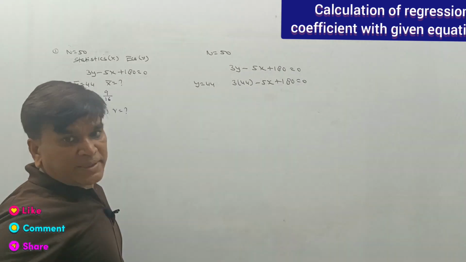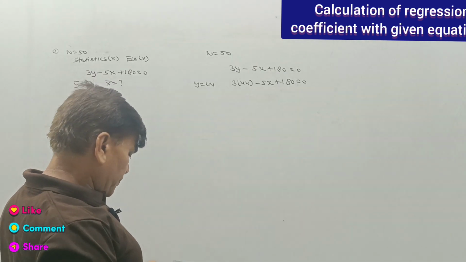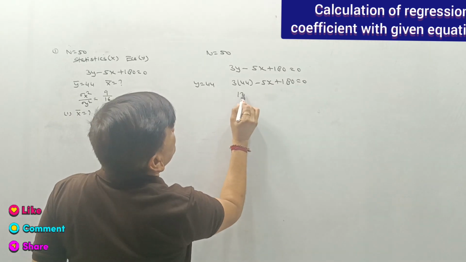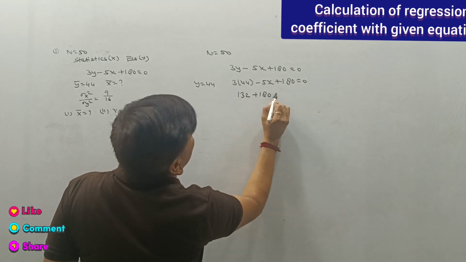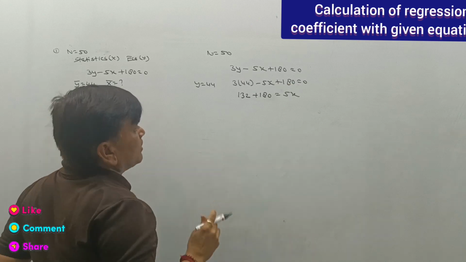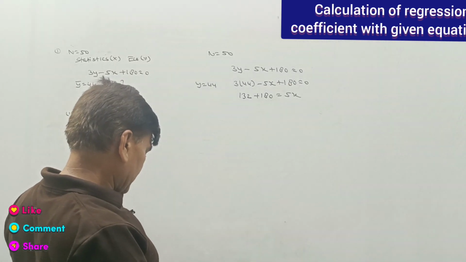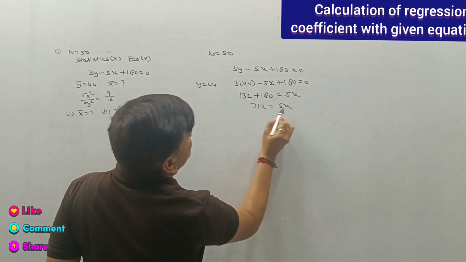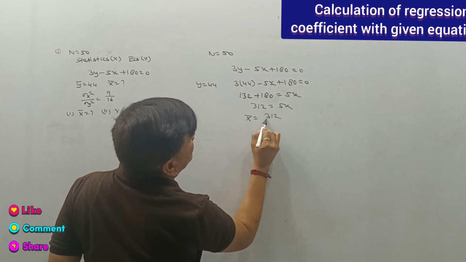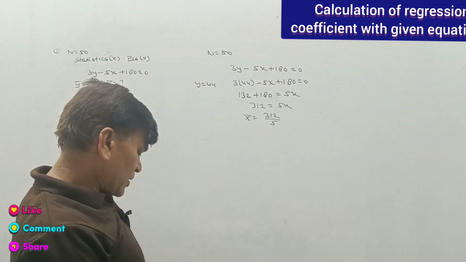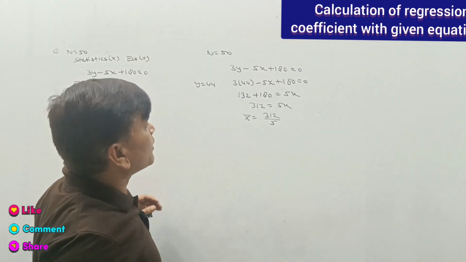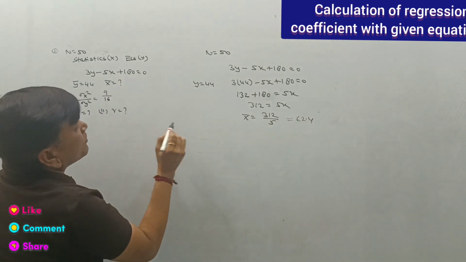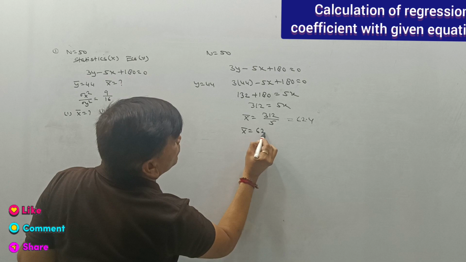First we solve it: 44 multiplied by 3 is 132, plus 180 is equal to 5x. So 312 is equal to 5x. So x bar is equal to 312 divided by 5, that is 62.4. So the value of x bar is 62.4.